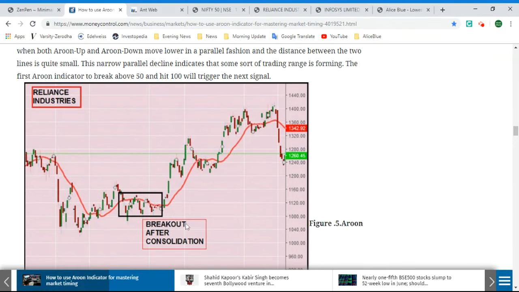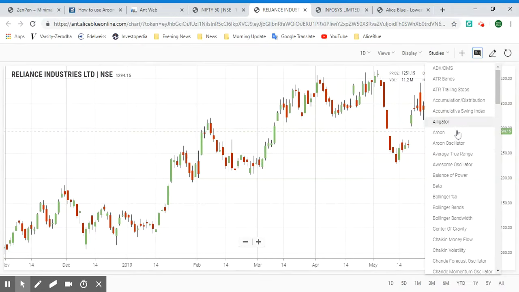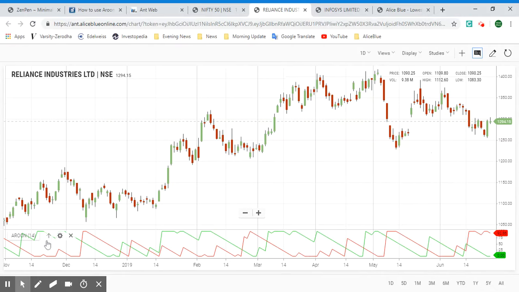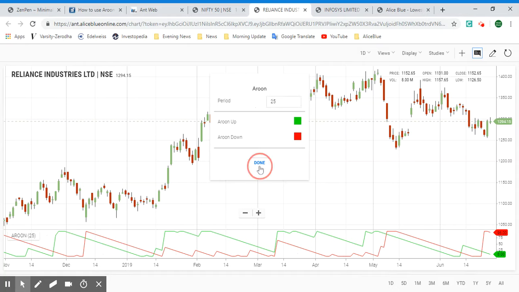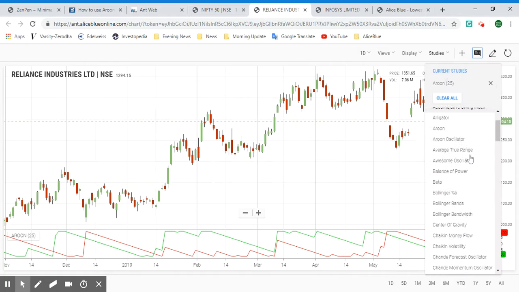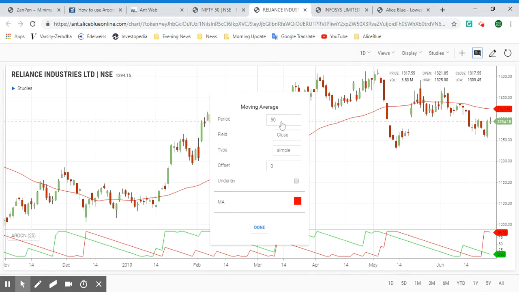So here we also have an example using Reliance Industries. So let's apply these on Reliance Industries. We have the Aroon. Let's also add the moving average, for one more example in an extra stock. This is 20.